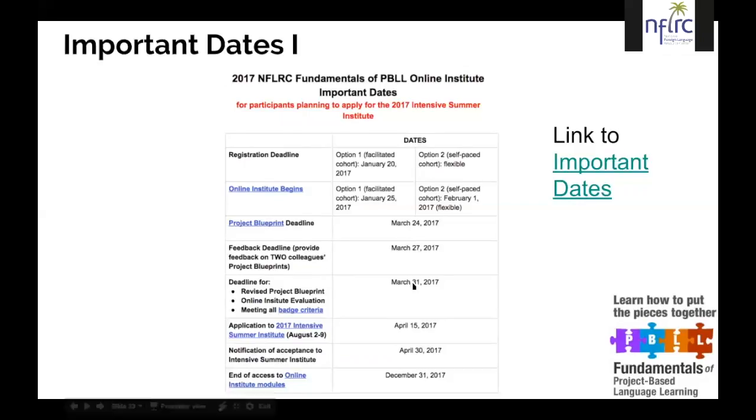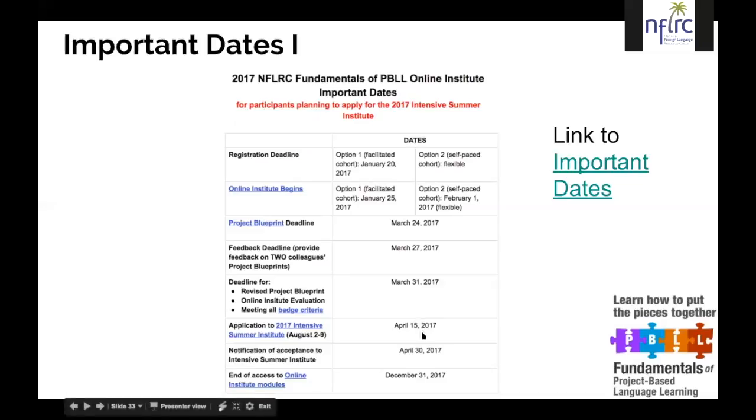And the deadline for you to submit your revised project blueprint, online evaluation, and to meet the badge criteria. Remember the last icon you click to submit your evaluation and project blueprint is March 31st. After you submit that by March 31st, we'll review your project blueprint and we'll give you a badge if you fulfill all the criteria.